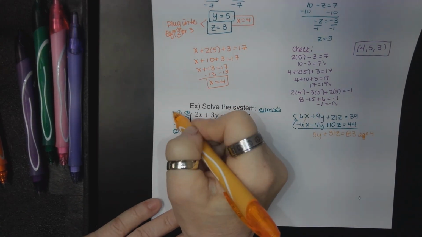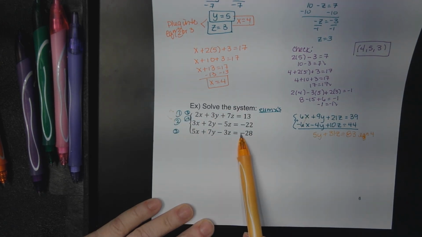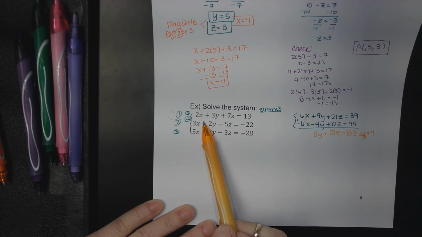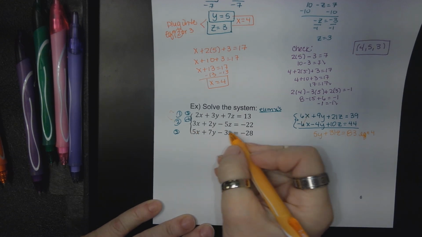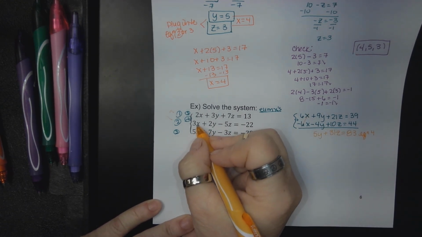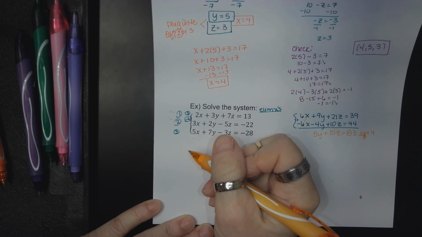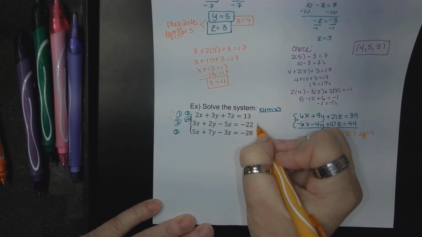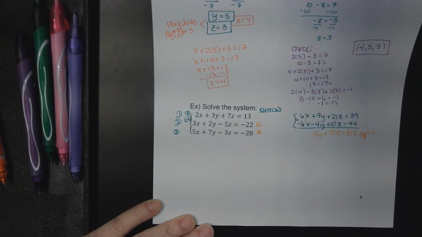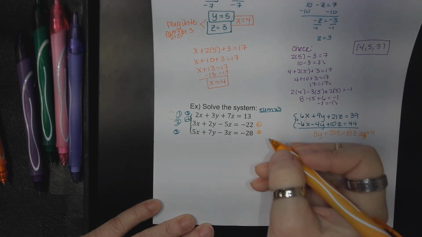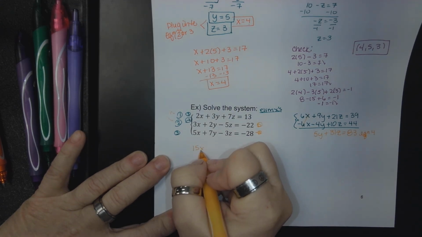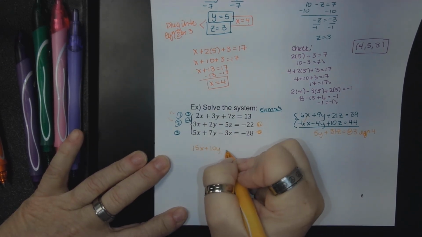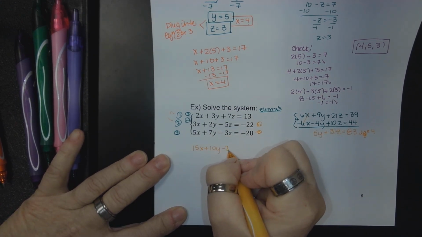Now, I've used these two, so now I have to use this one and one of these two. So I'm going to pick the one. I picked these two. So then I multiplied, I'm going to do it over here. I multiplied this guy by 5 and this guy by 3 because I wanted these to be 15s. And one of them was a negative. Which one do I do by negative? This guy by -3. So they would eliminate. So this is going to be 15x plus 10y. 5 times 5, 25.